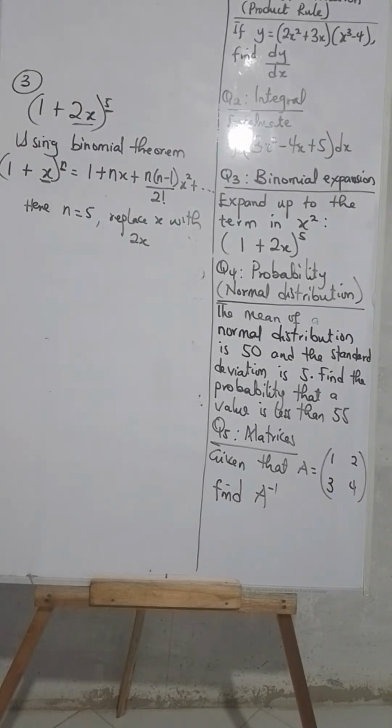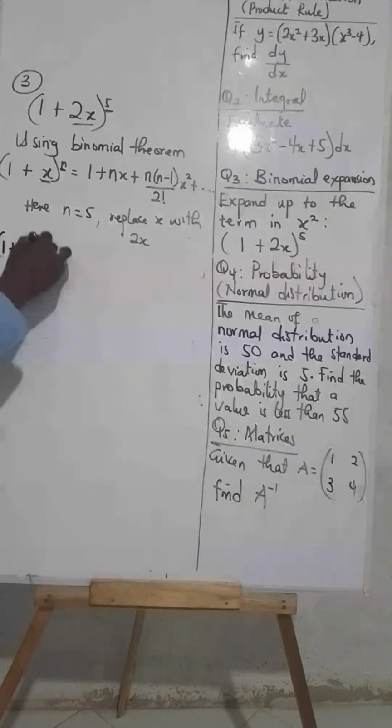So with this one we have 1 plus 2x exponent 5.